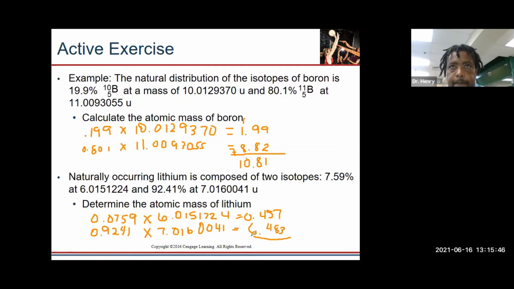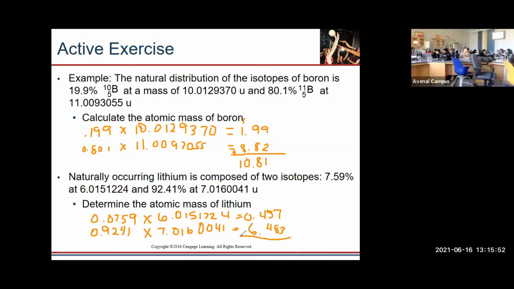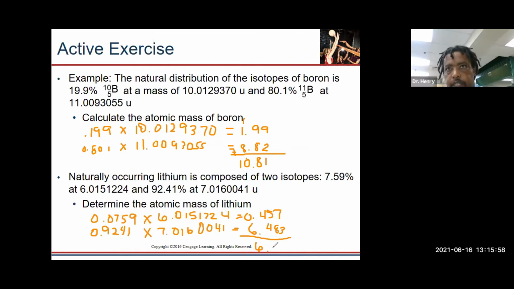We add it together and end up with 6.94.